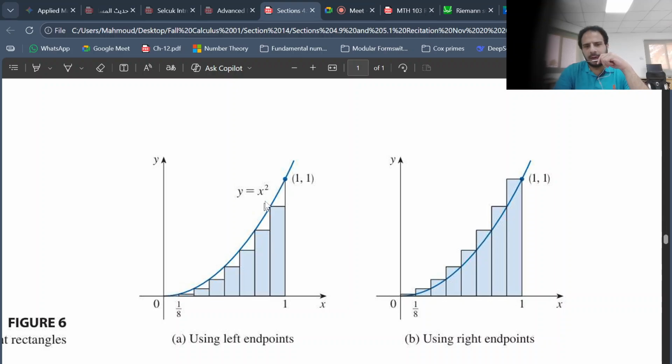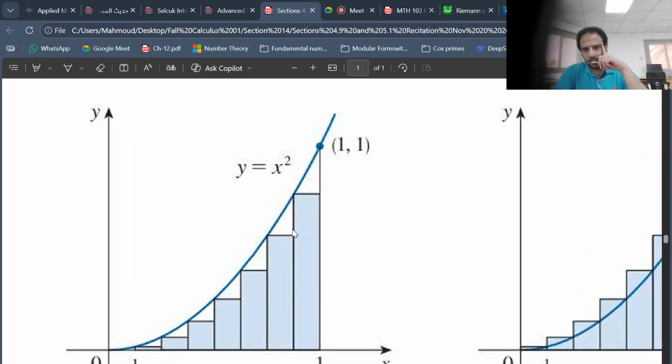Assume you want to find the area between the curve and the x-axis. Do you have a formula for this? I mean the area, this area here. No, right? So what can you do? You can draw rectangles like this, and then you add the areas of these rectangles. You get an approximation, right?